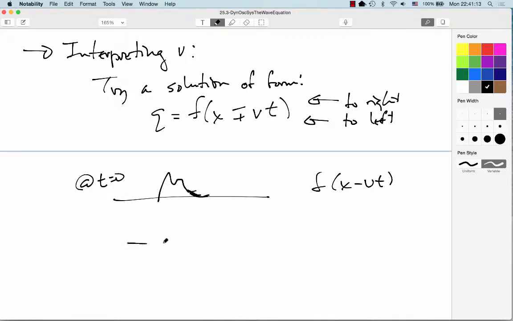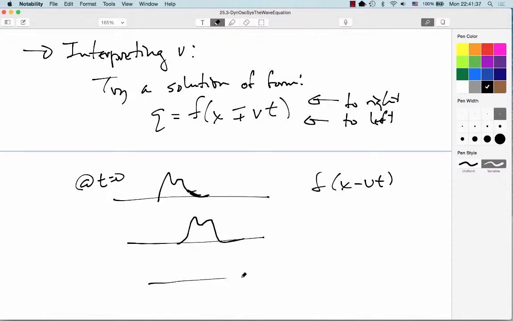Well, at some later time t, that will make the vt bigger, which means that the location where I'll return the same values will also have to correspondingly increase. So at some later time, it's over there.